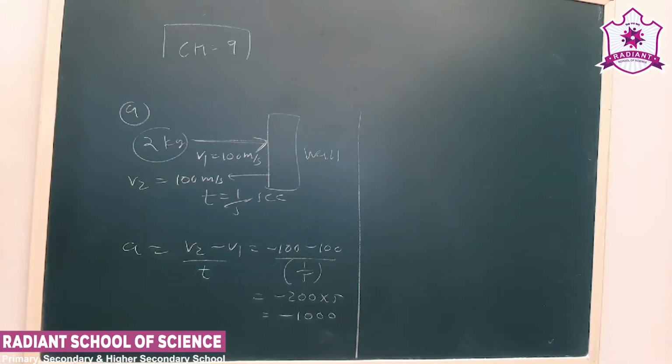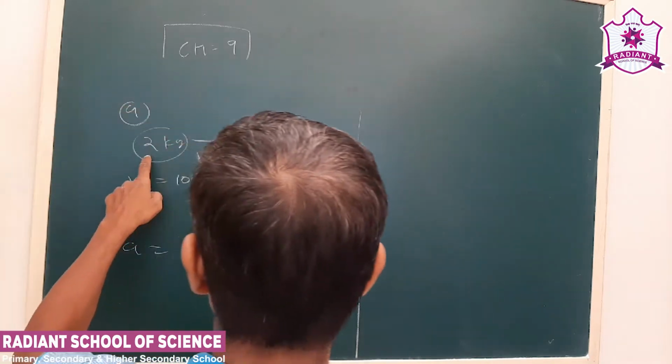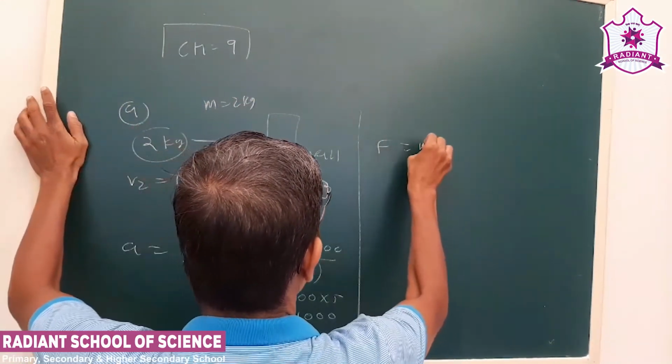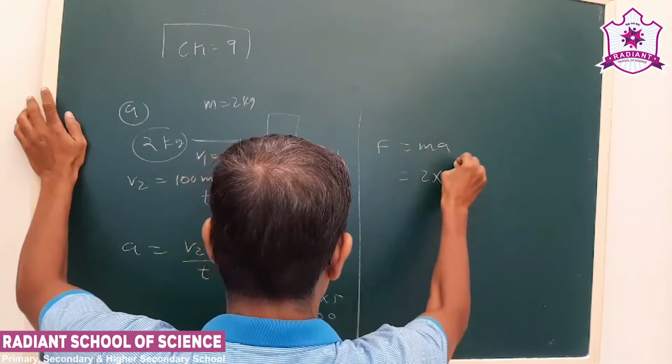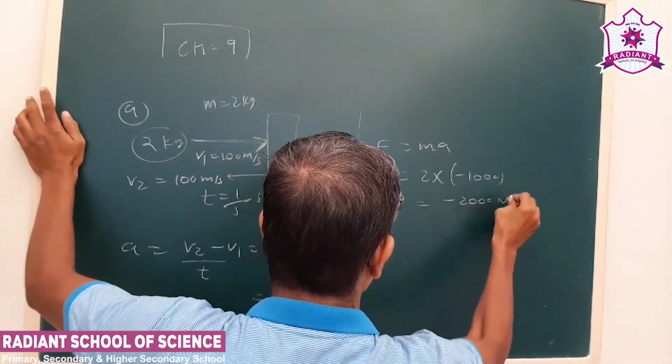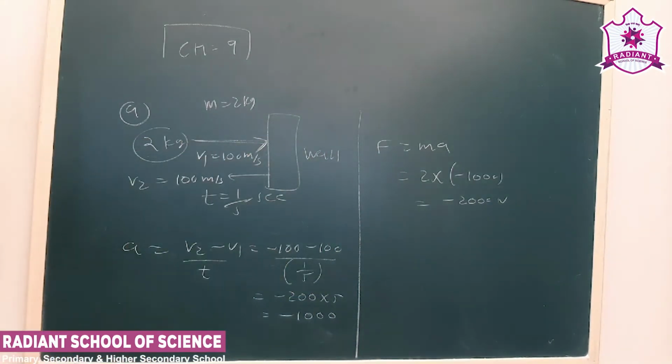Now mass is 2 kg. F is equal to ma. So you can take v1 minus v2 also, then you will get the value of force as positive. So that should not worry.